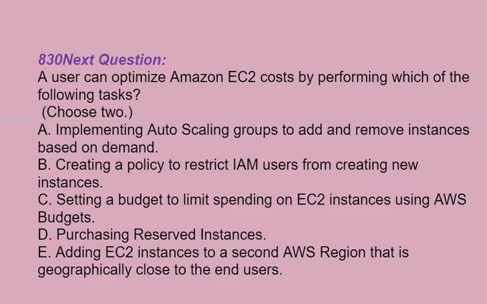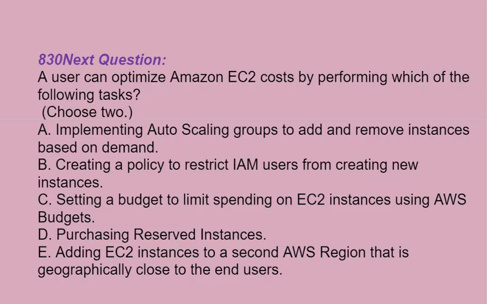Question is, a user can optimize Amazon EC2 costs by performing which of the following tasks? Choose two options. Option A, implementing auto-scaling groups to add and remove instances based on demand. Option B, creating a policy to restrict IAM users from creating new instances.